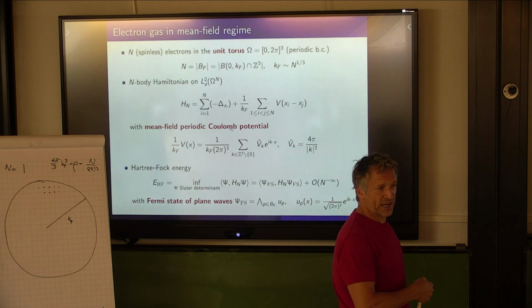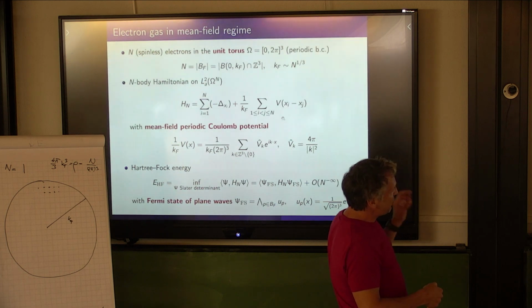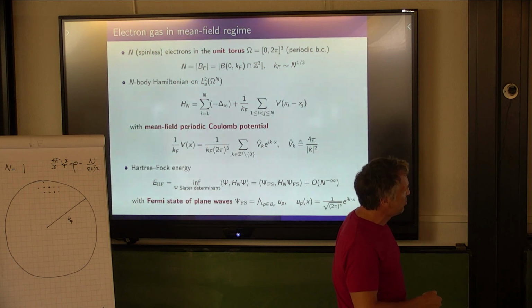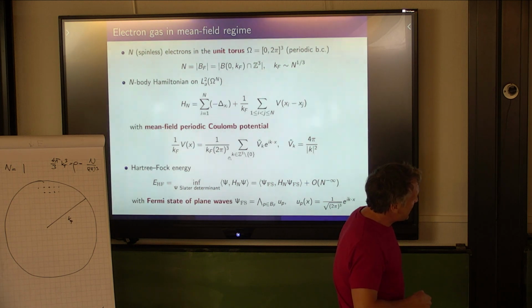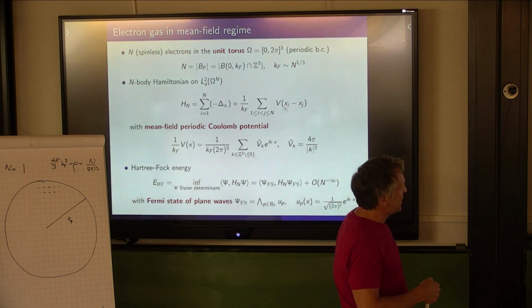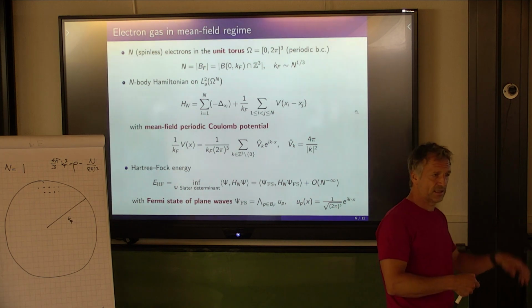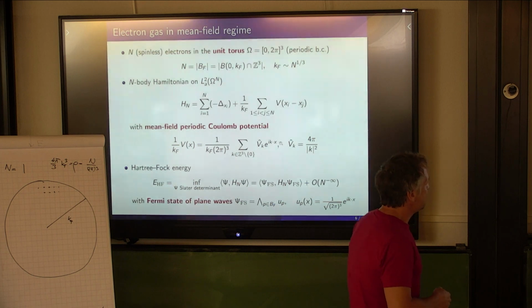So it will be simplified by taking the mean field approximation. Now we still want to take Coulomb, but we're in the box. So what we do, we take the Fourier transform of 1 over k squared, and we do not take k equal to 0, and by not taking k equal to 0, this is equivalent to subtracting the background, minus rho squared.